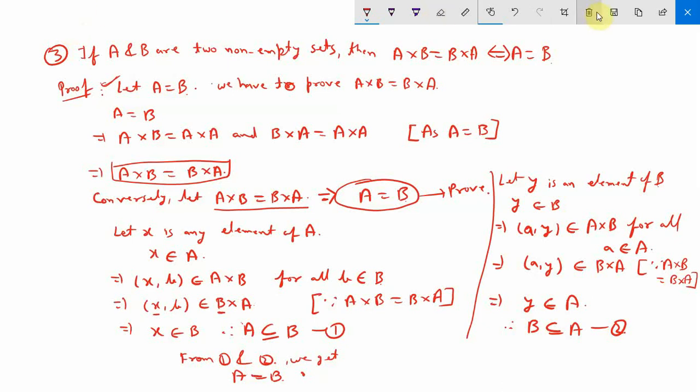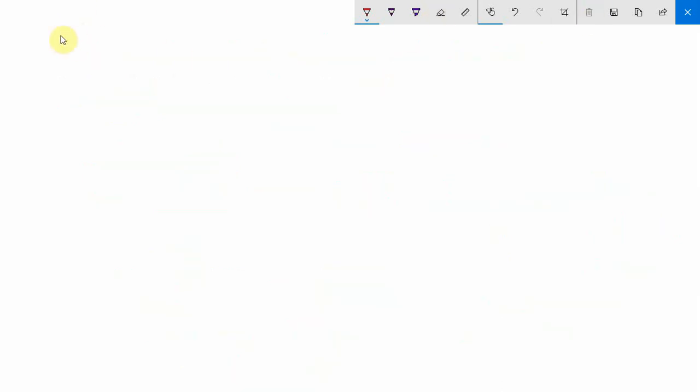Let me clean this. Fourth one. If A is a subset of set B, then A into A is a subset of A into B intersection B into A. So how can we prove this?